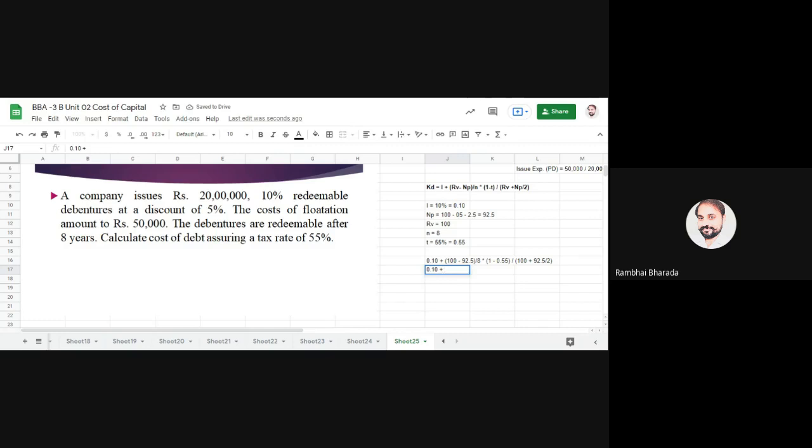0.10 plus, in a bracket, now 100 minus 92.5.